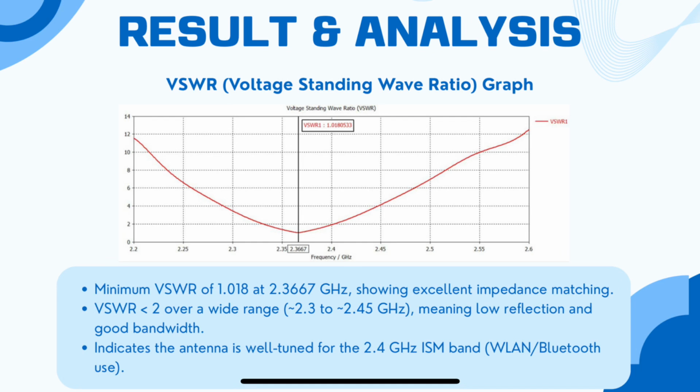Additionally, the VSWR remains below 2 across a wide frequency range, from around 2.3 to 2.45 GHz. This is a strong indicator of good bandwidth performance, allowing the antenna to operate effectively across the 2.4 GHz ISM band. This frequency range is commonly used for LAN and Bluetooth applications, so the result confirms that our antenna is well tuned for practical use in wireless communication systems.